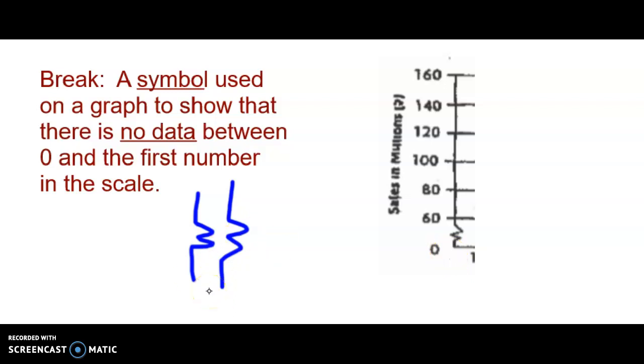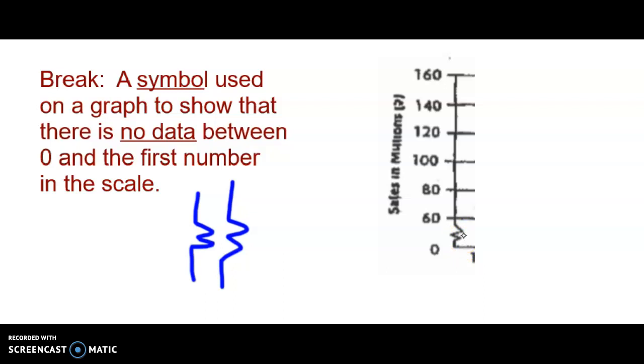So what that means is when XYZ was keeping track of the sales in their millions of dollars, they didn't have any numbers each year that were between 0 and 60 million. So instead of putting 20 and 40 in there and having wasted space, they just broke that scale right there and just said, hey, that's unimportant information, so we're going to make it disappear. And the symbol just says, hey, that chunk has been taken out, okay?